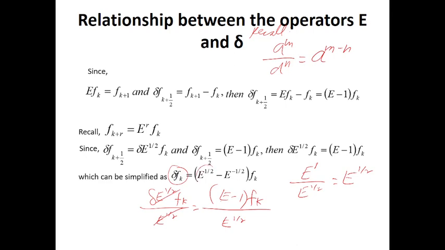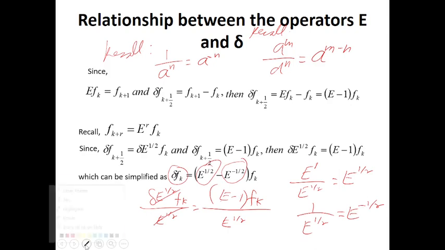Kaya nakuha yung E to the 1 half na yan. Tapos yung 1 over E to the 1 half, recall natin, kung meron akong 1 over a to the power of n, that is a to the negative n. No? Kaya E to the negative 1 half. Okay? Ayun. That's it, no?